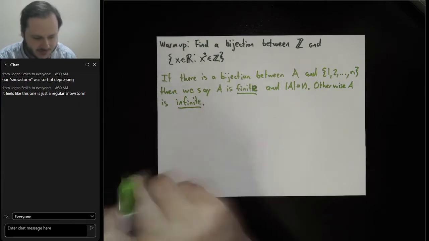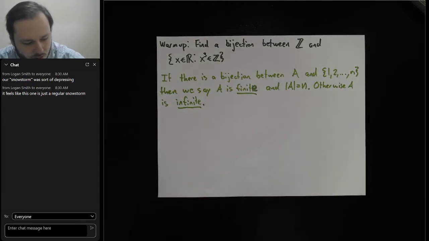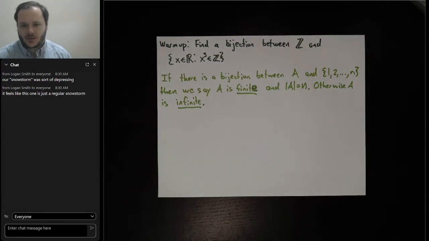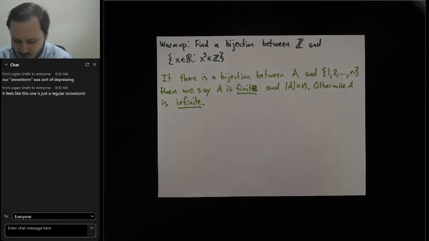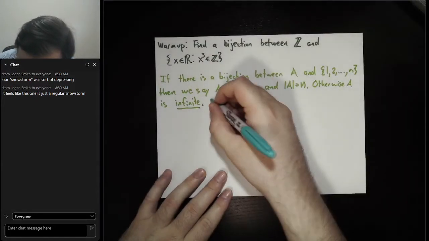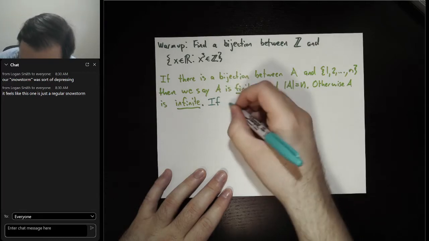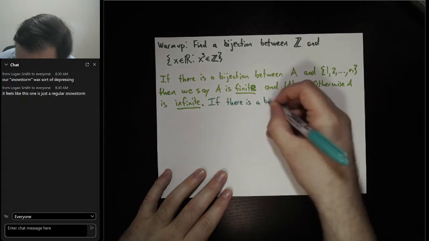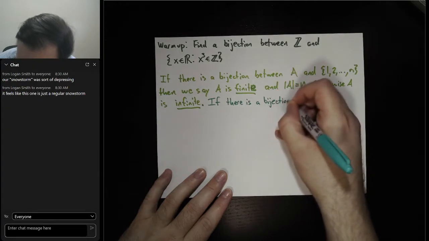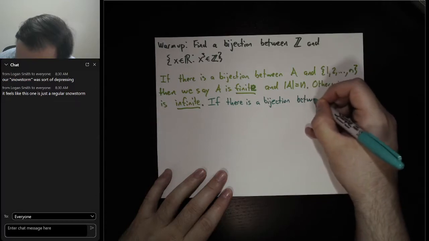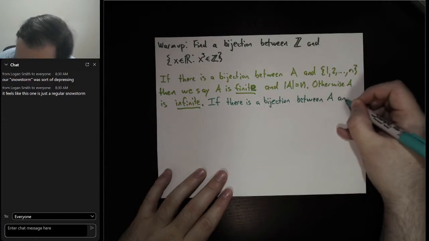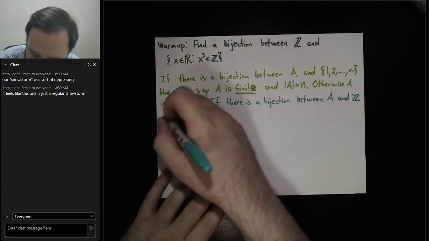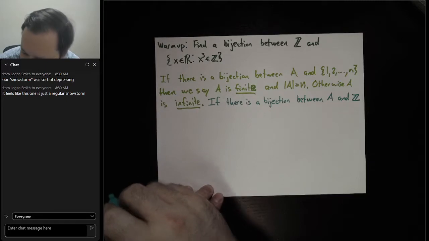Here's the new stuff. We learned last time that there are different kinds of infinity, and we're just going to focus on one of them. If there is a bijection between A and the integers, then we say A is countably infinite.